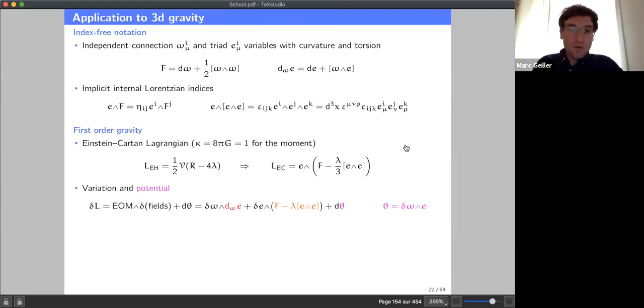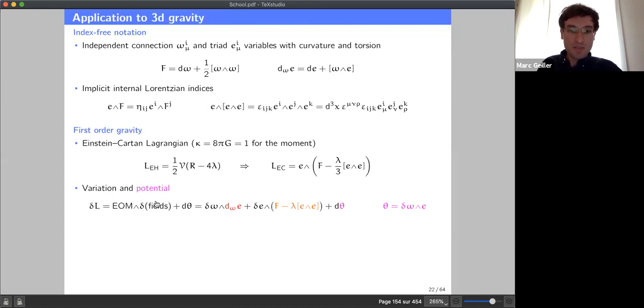Now to study this theory, we can apply the recipe which we already outlined yesterday. Namely, we have a Lagrangian, and yesterday we mentioned this master variational formula. And this formula was telling us that whenever we have a Lagrangian, we can put its variation in the form of the equations of motion times the variations of the fields, plus a boundary term, which identifies the symplectic potential.